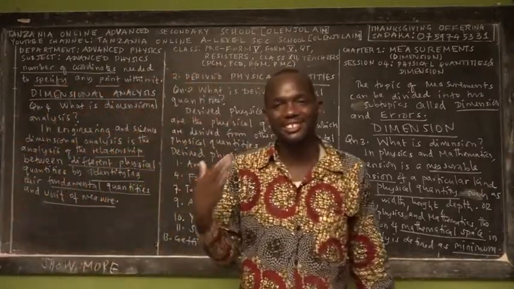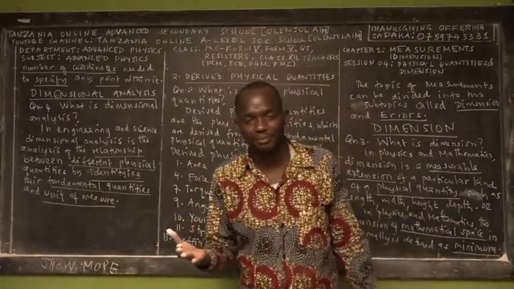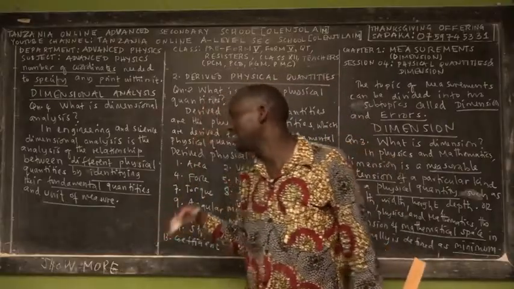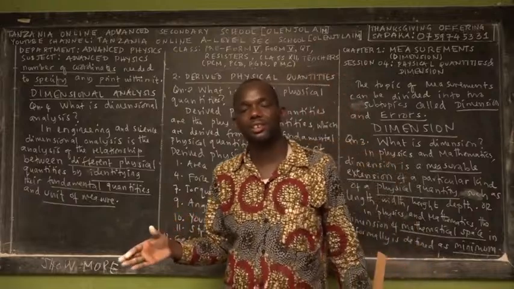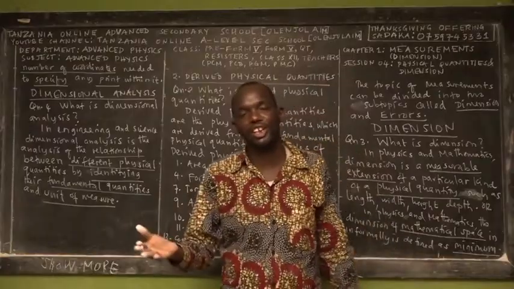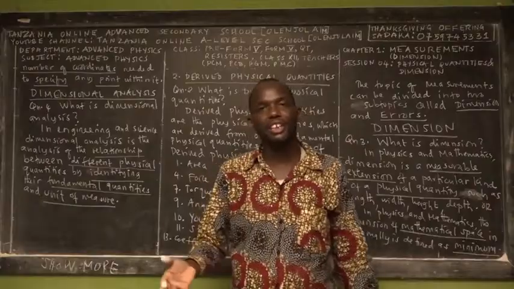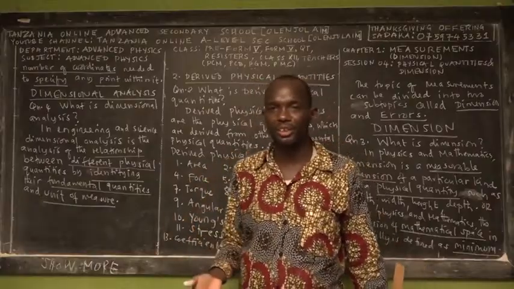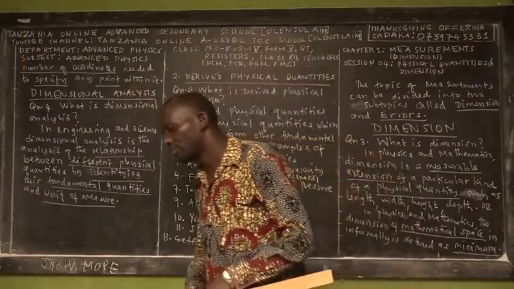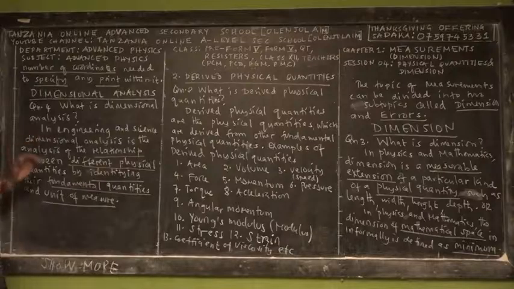Dimensional analysis simply is a relationship between different physical quantities. But how are we going to start? We are going to start by identifying their fundamental physical quantities for those derived physical quantities and the unit of measure. They may be measured in meters or kilometers, or maybe in kilograms or grams, or maybe in newtons or in meters per second squared. That's one of the definitions of dimensional analysis.